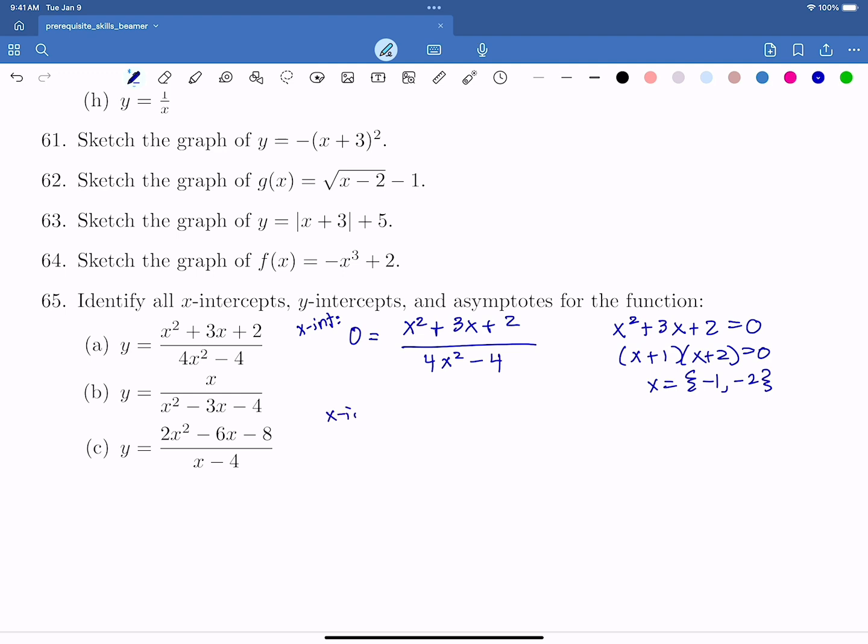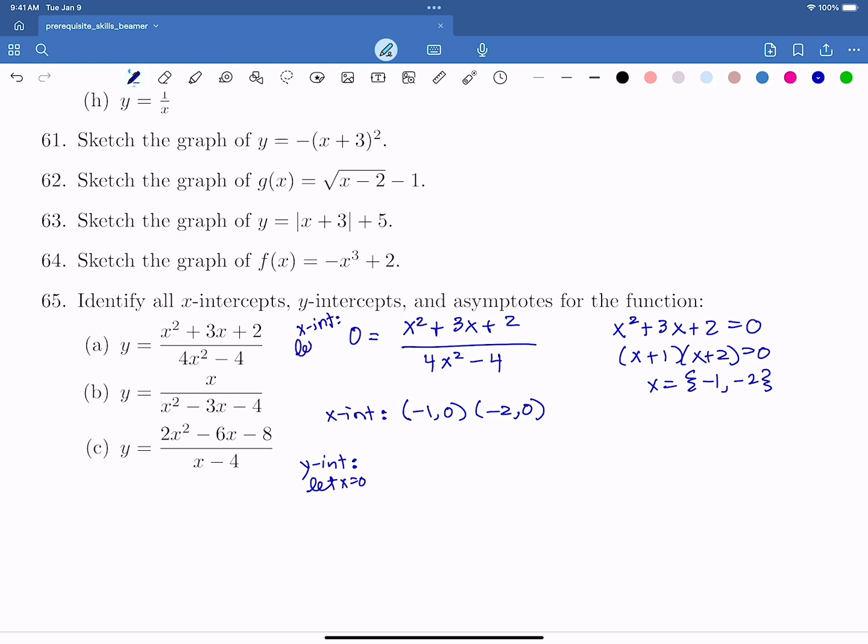So x-intercepts. Don't just write down a number. You can write x equals -1, x equals -2, or write the points. The x-intercept is where y is 0. So (-1, 0), (-2, 0), like that. To get a y-intercept, you're going to let x equal 0.